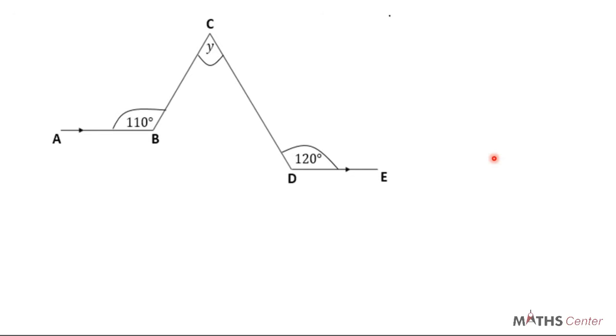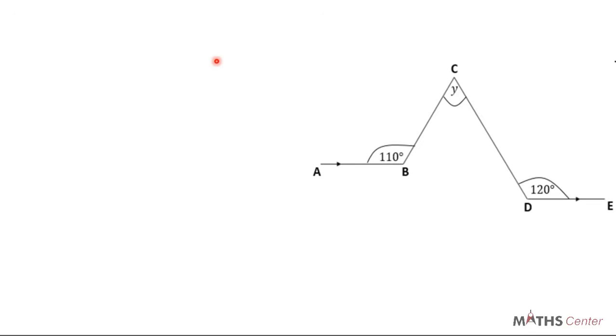We are being told to find the value of Y. So here, the letter here is Y, so we are going to find the value of Y. I'm going to shift the diagram here so that you can write our solution at the side. Now you can see that line AB is a parallel line. Line DE is a parallel line, but this one ends just here.